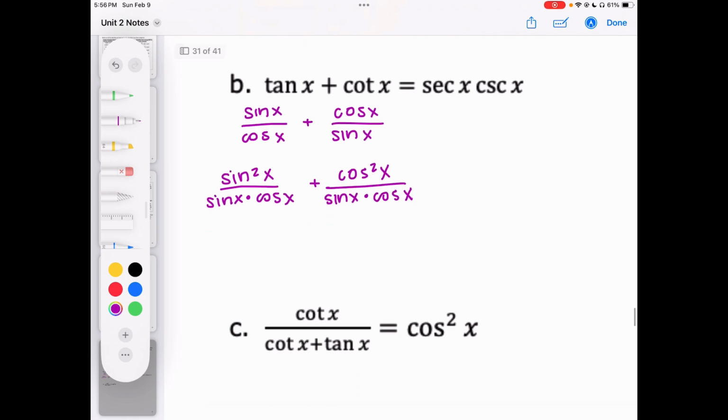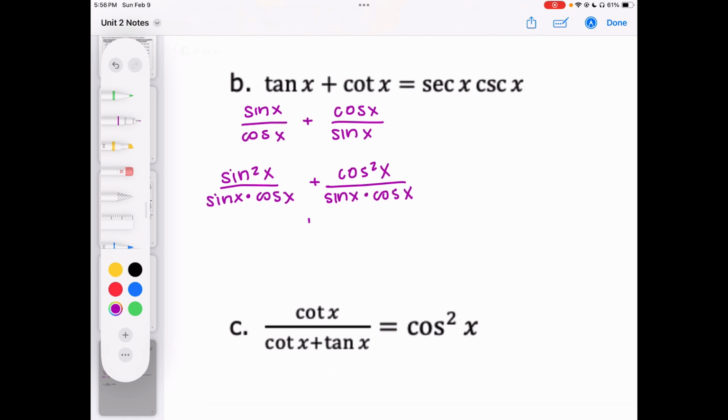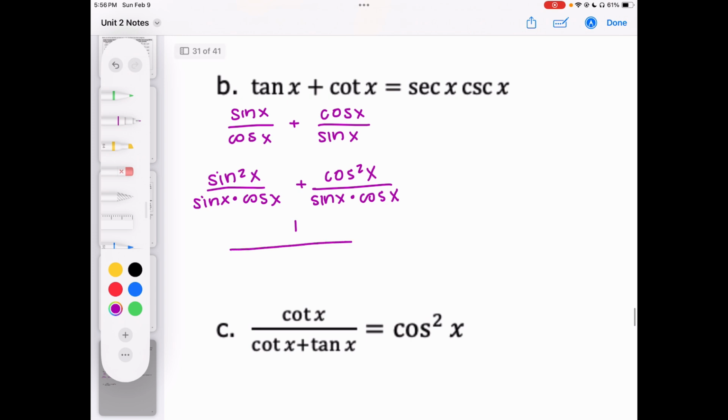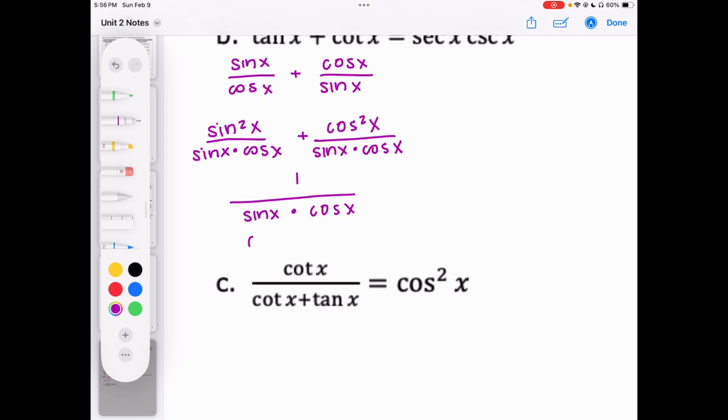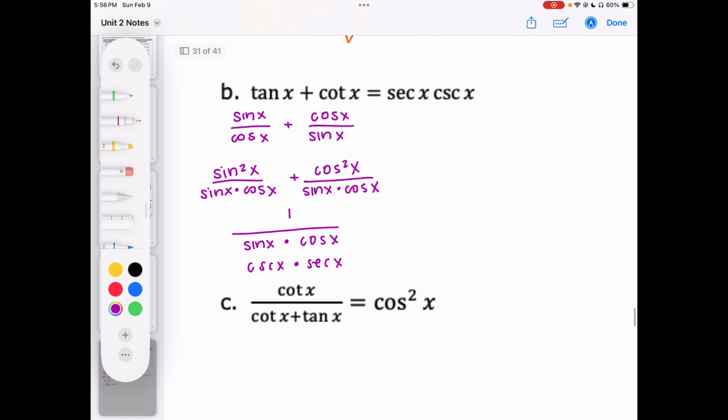The nice thing about that is now we can write this as 1 over sine x times cosine of x, which is also equivalent to cosecant of x times secant of x, which if you look back up here, is what we had at the very beginning, so we have verified.